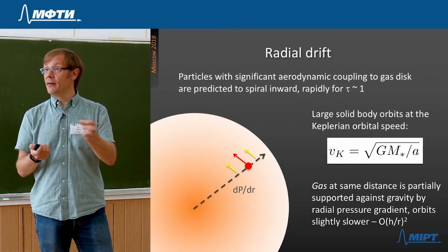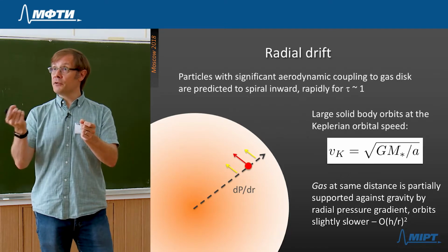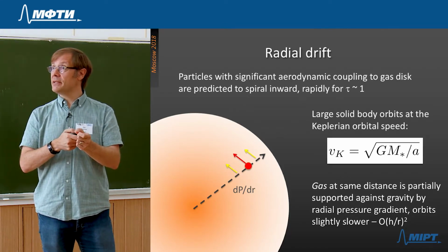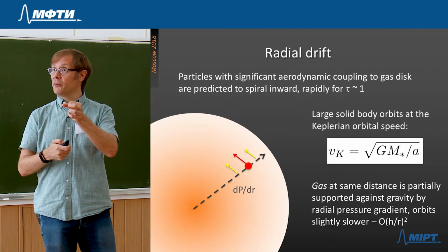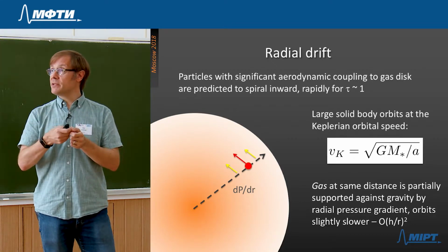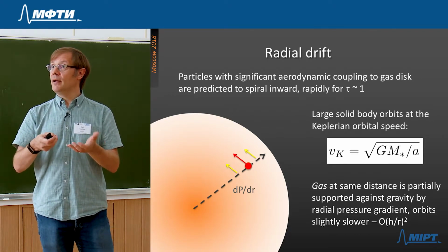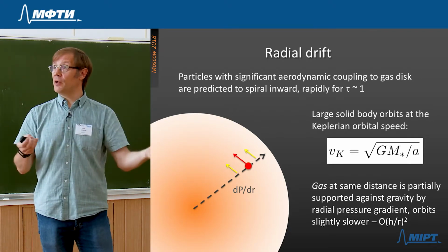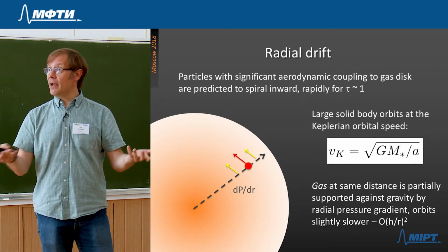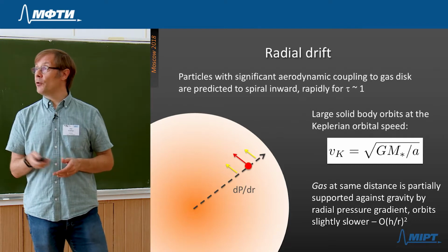So it's actually moving too slowly for its centrifugal force to balance the inward stellar gravity. So that very small particle, moving at a sub-Keplerian speed, will start drifting towards the star, basically at its local terminal velocity. So whether we're dealing with a very small particle or a very large one, the answer is the same. It always moves inwards, though for somewhat different reasons.